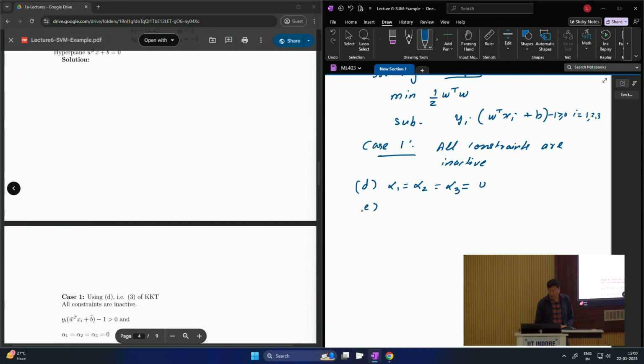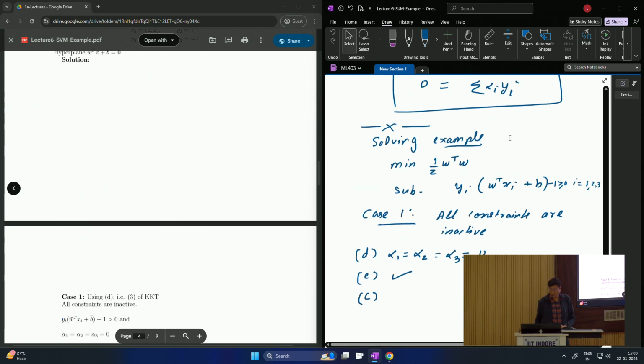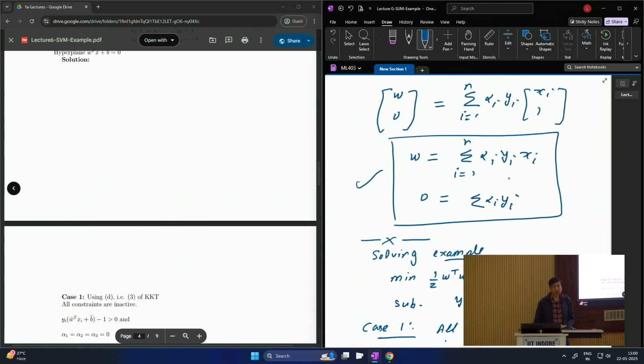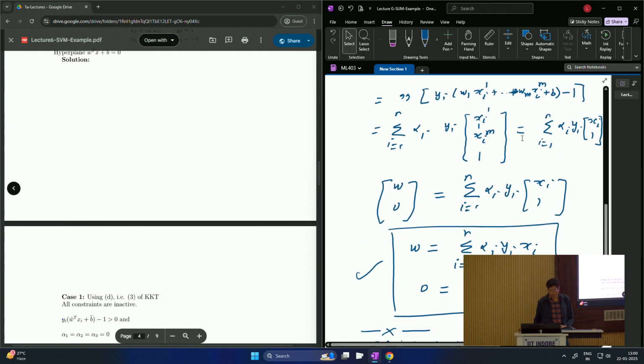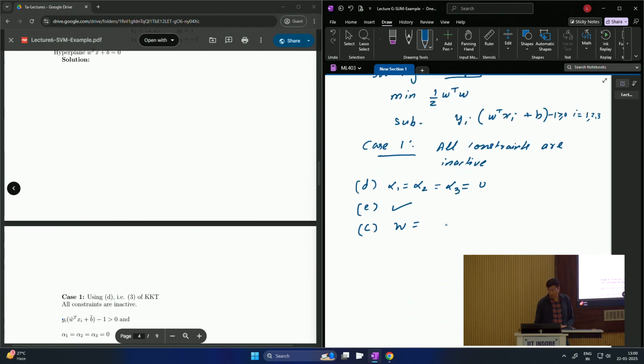This also satisfies the E condition because they are non-negative. So now we'll go back to the C condition to find the W. What was W? W is the summation of this which we found. All alphas are 0, so this is equal to 0. Should I write it as a 0 or as a vector of 0s? How many dimensions? N dimensions or M dimensions? M. What is the dimension of the problem?